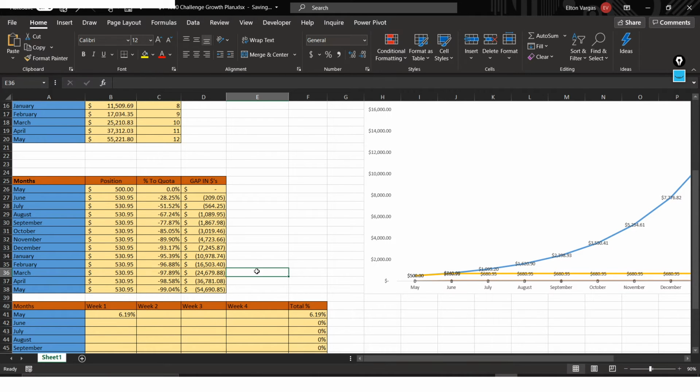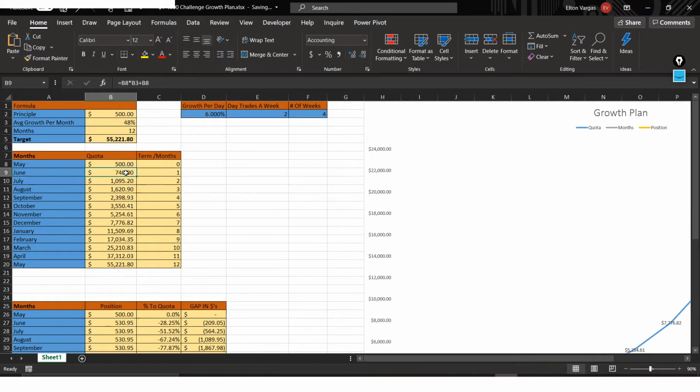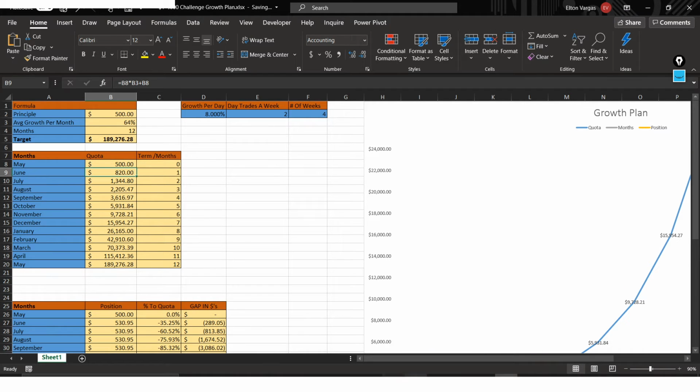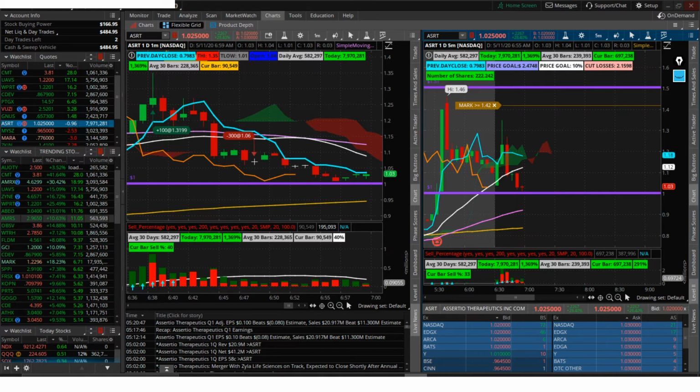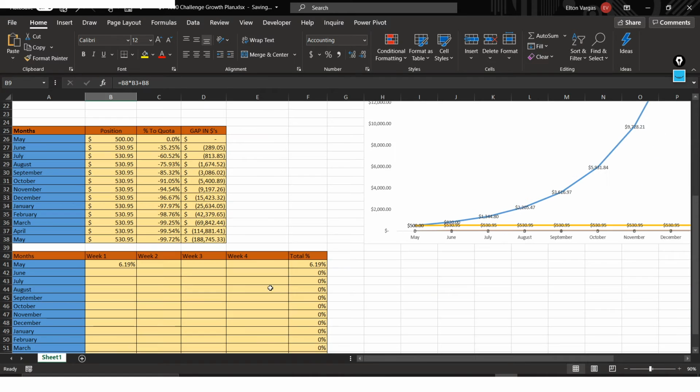So last week I was up. My goal for June, I need to hit 740 actually. I'm gonna go with 8%. I need to hit 820 by June, because in May I started with the $500, and right now I'm at 484 with buying power.